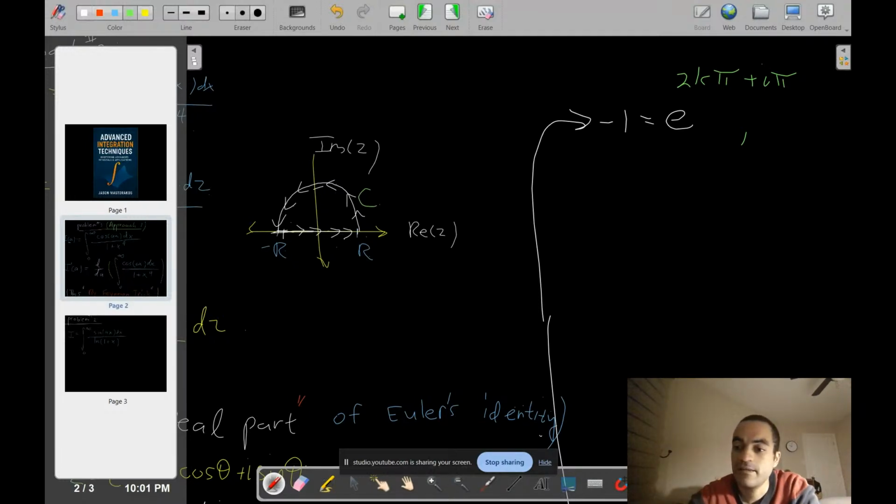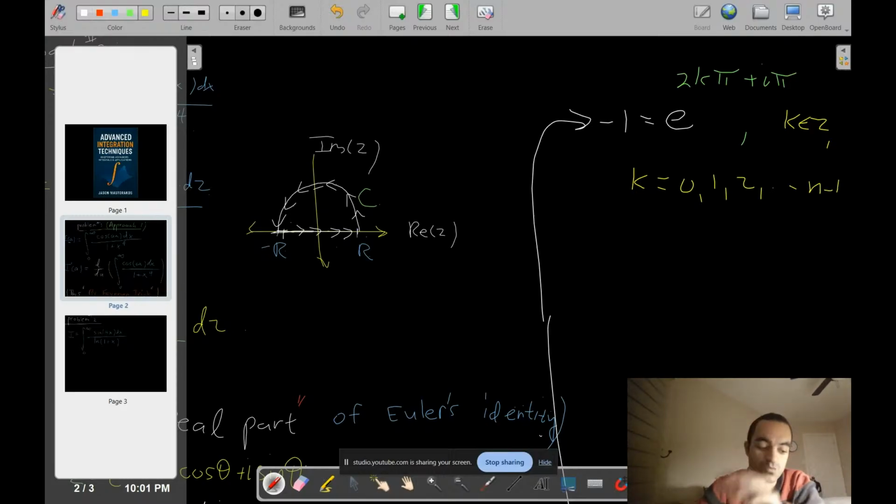Where k belongs to z, and k is equal to 0, 1, 2, all the way up to n minus 1. All right, so that's what we should have in that spot there.